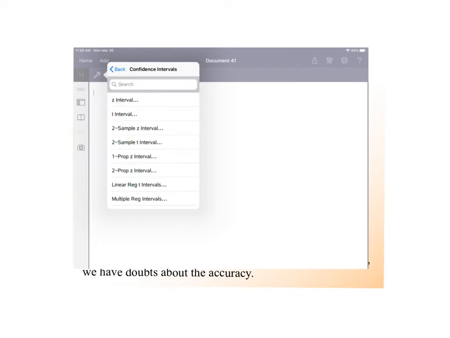Notice that it doesn't say 95%, 90%, 80%. It's asking for a type of interval. Last class we were looking at z intervals. This lesson we're looking at one proportion z interval. And in the next lesson I'm going to talk about t interval and then two sample intervals.